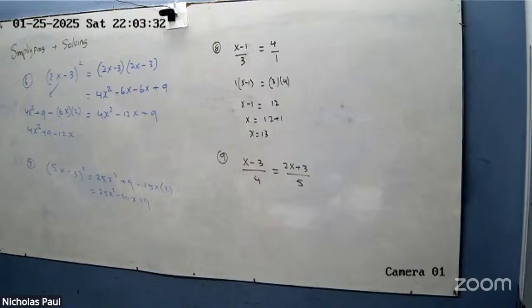When you cross multiply, expand, bring your like terms together, right? Same steps again, right?